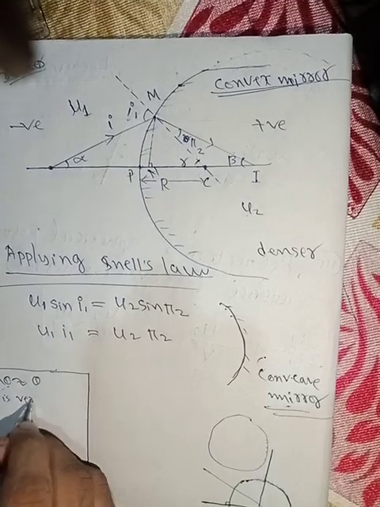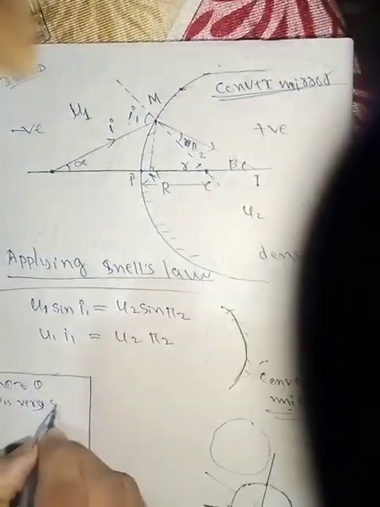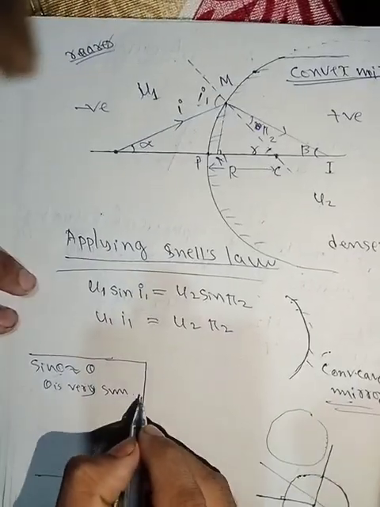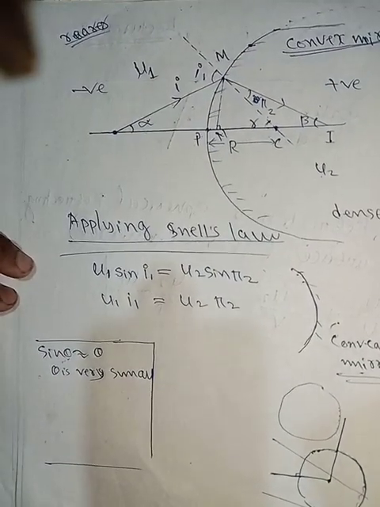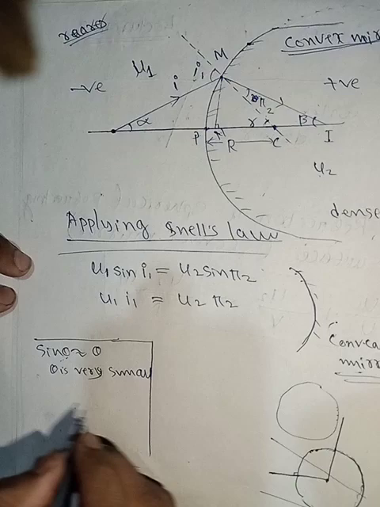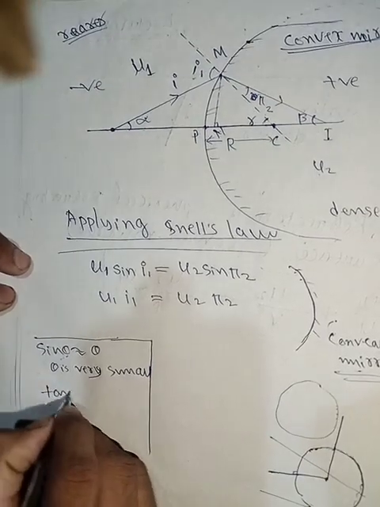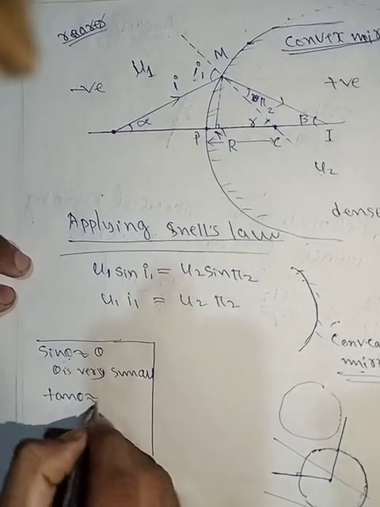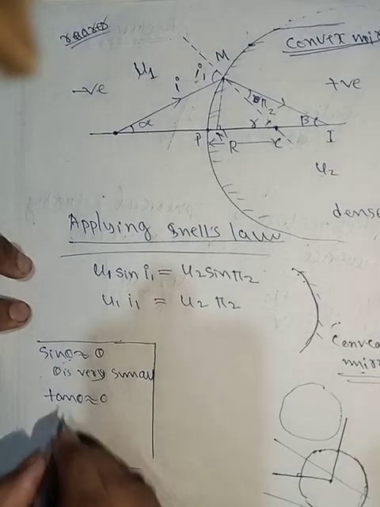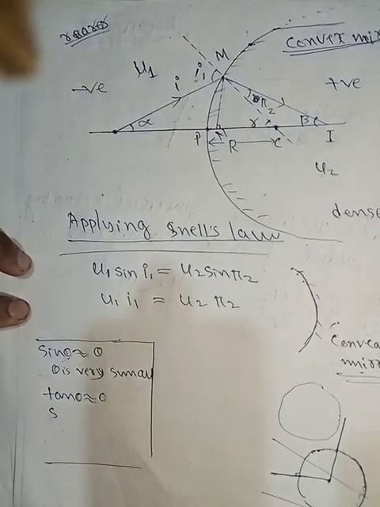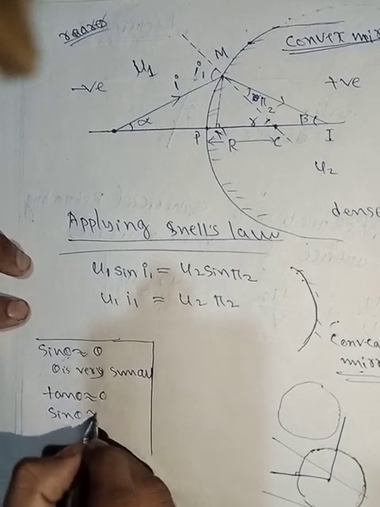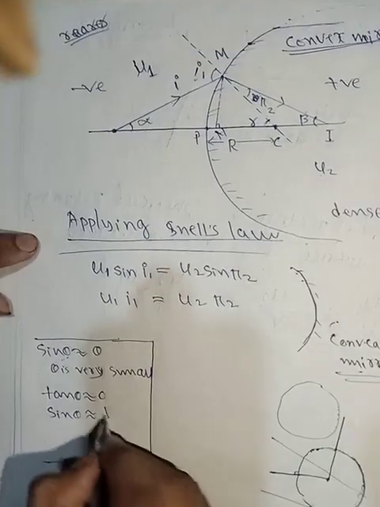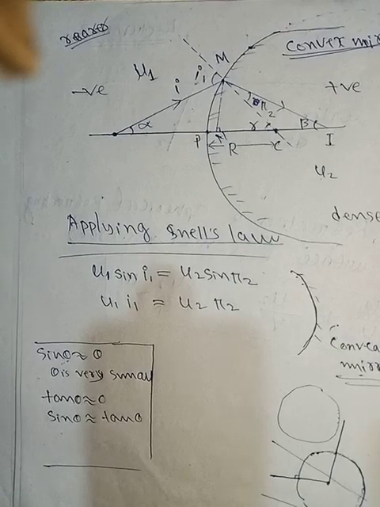For a small angle you can also write tan theta equal to theta. For a very small theta, sine theta is nearly equal to tan theta.